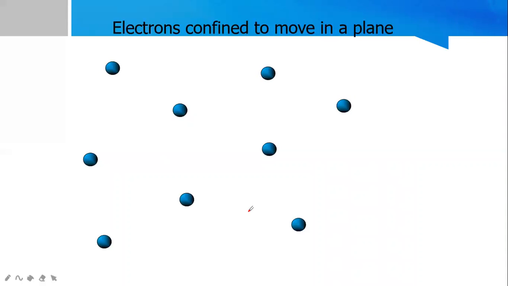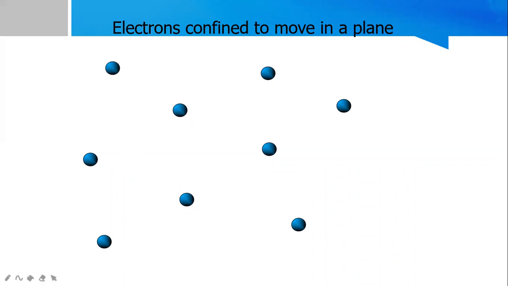Now, if we confine electrons to move in a plane, so this is our plane, and these blue balls are the electrons. Now we are not applying any force, any magnetic field, and so they have some velocity.